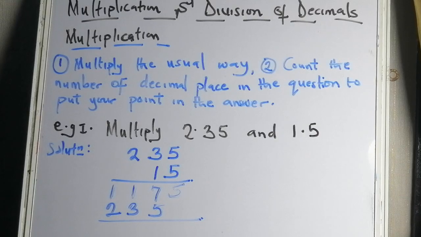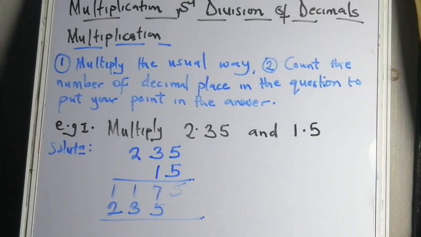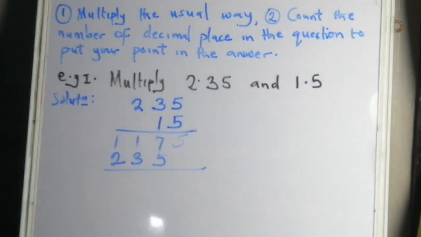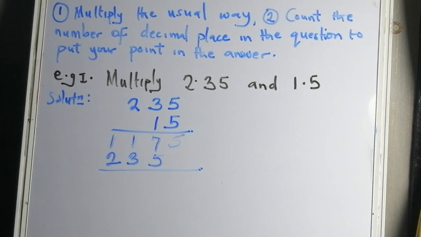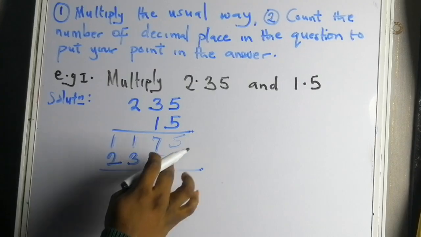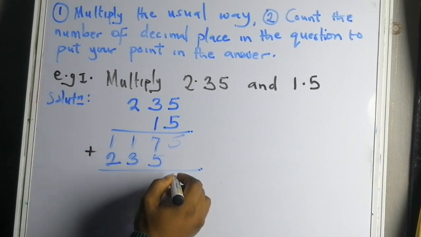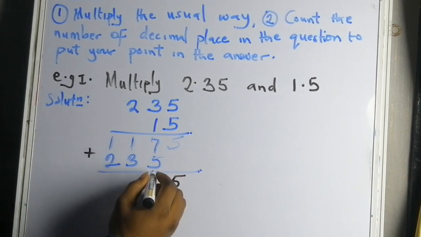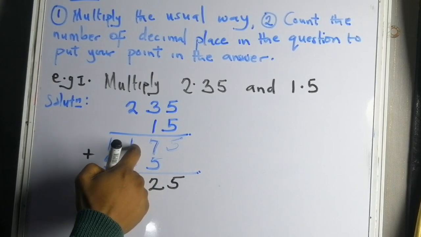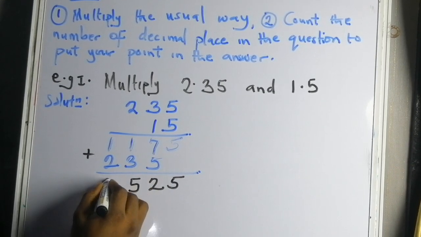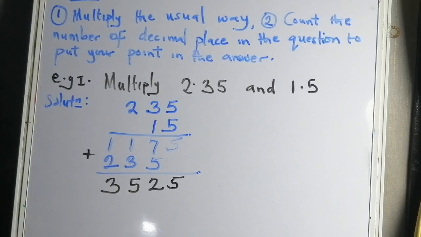Then 1 times 5, 1 times 3, like that. Now you add together to get the answer for the manual multiplication. Here, 5, 7 plus 5, that's 12. Carry 1, 2, 5, then you have 3.